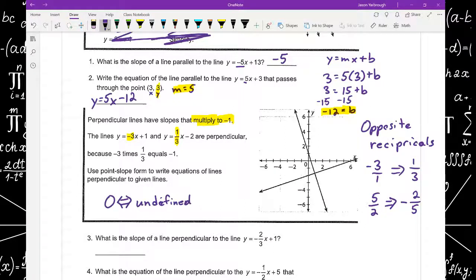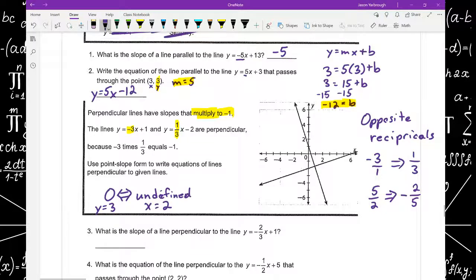If the slope's undefined, then the perpendicular one is 0. What this normally equates to is, for the slope being 0, it's y equals a number, and whenever it's undefined, it's x equals a number. Right. So if you see any equation and you want it perpendicular and it says y equals 3, then you're going to have x equals something for it to be perpendicular, or vice versa.